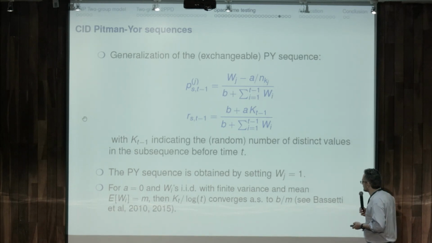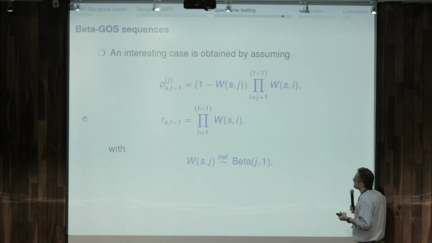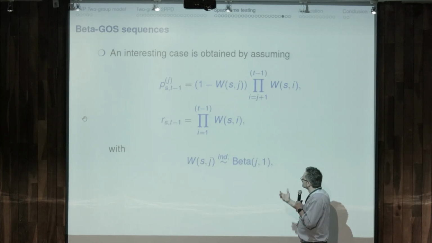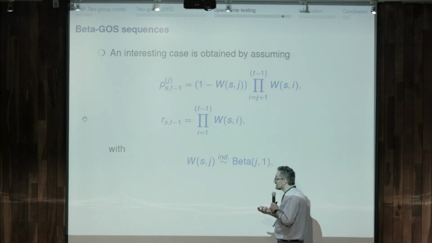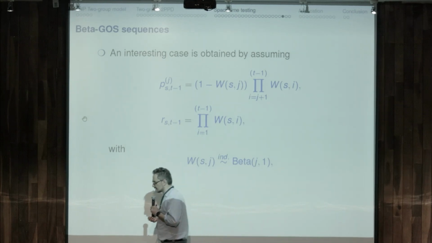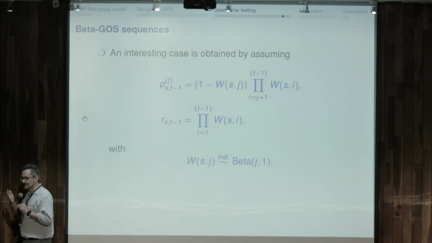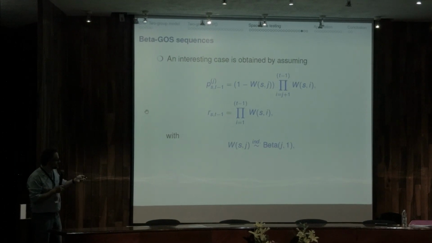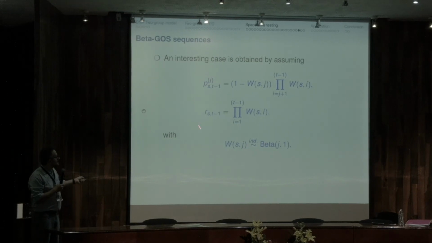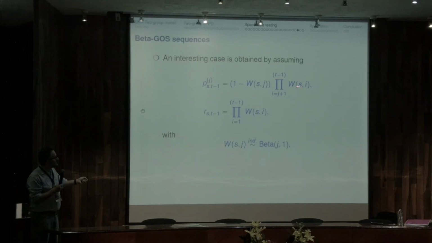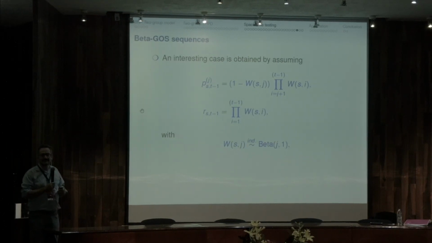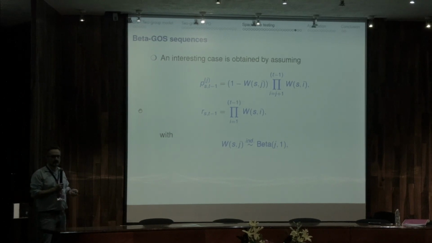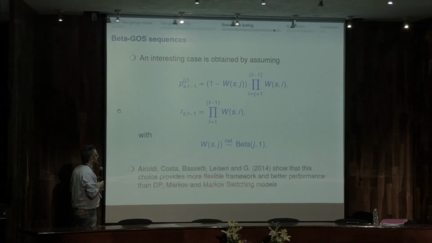Another simpler, or statistically more convenient, way to introduce these random variables is to think of a stick-breaking construction for weights, which depends on beta random variables. And basically you have a different stick breaking at different time points, which are driven by these W's.